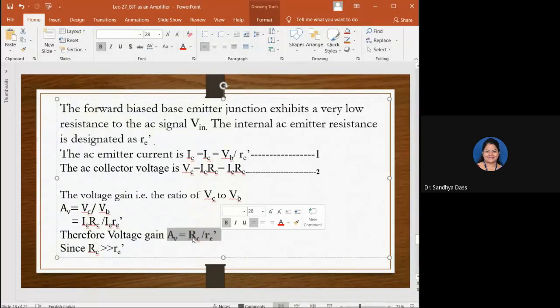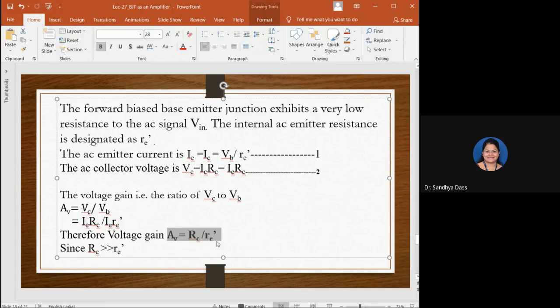What is RC? RC is the collector resistance, and RE dash is the internal emitter resistance at the input. Since RE dash is very small compared to RC, if you observe this ratio, the output will always be the magnified version.